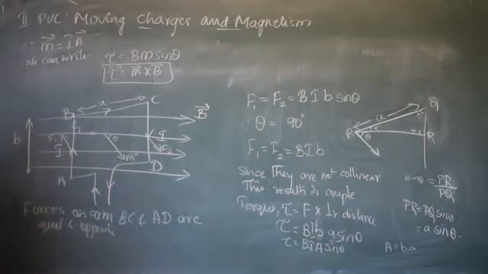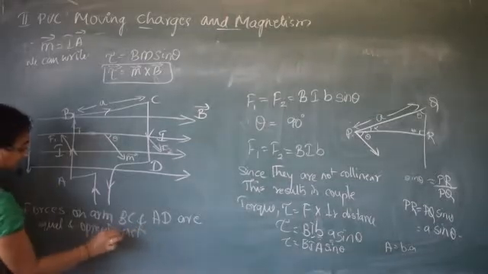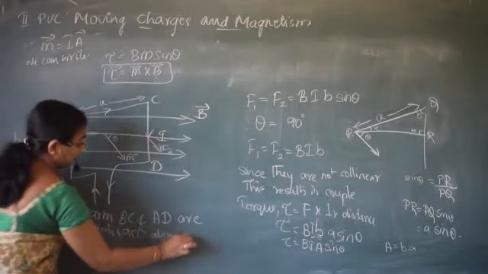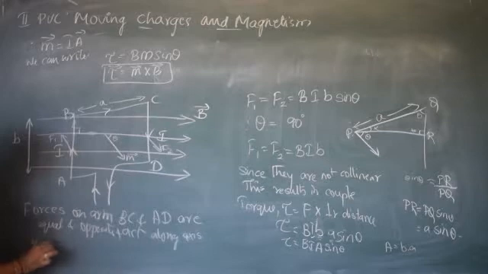They are equal and opposite and act along the axis. Hence, they will cancel each other.